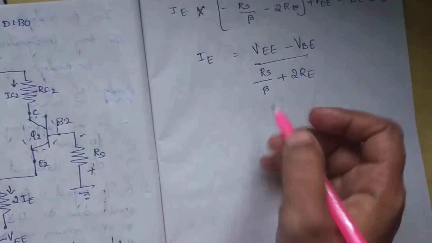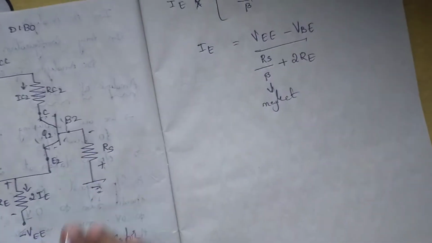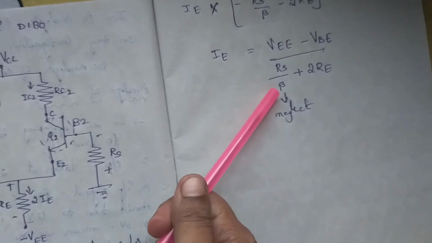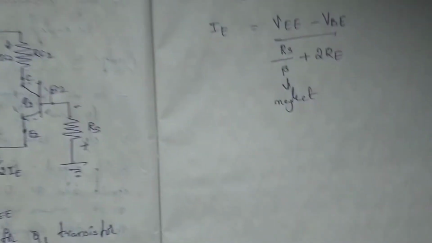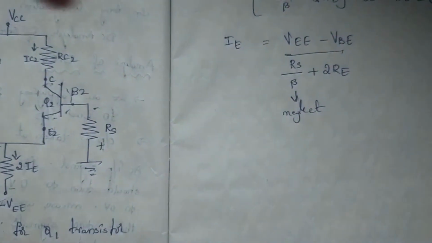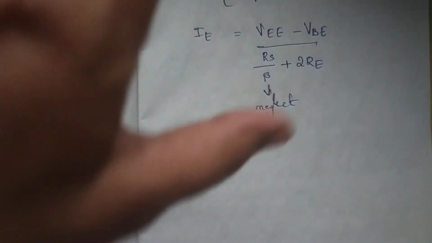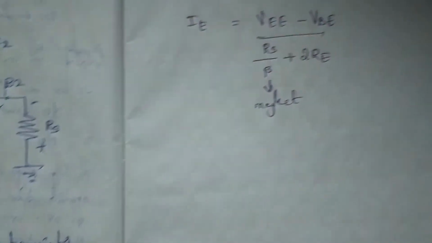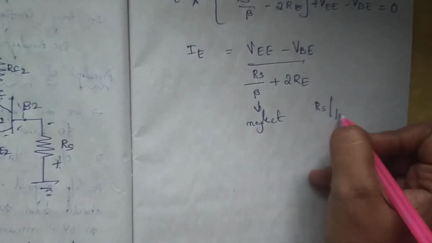Here I am neglecting RS by beta, because compared to beta, RS is a small value. The source resistance value is very low. If we assume RS is 100 ohms, then beta is very large, so it is a small value divided by a large value. For that purpose, I am neglecting RS by beta.